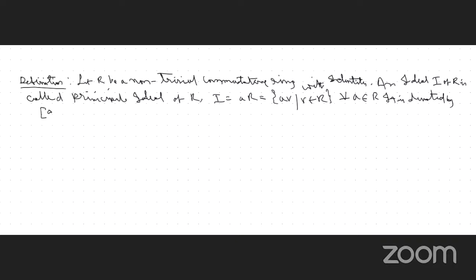This is what is called a principal ideal of R.